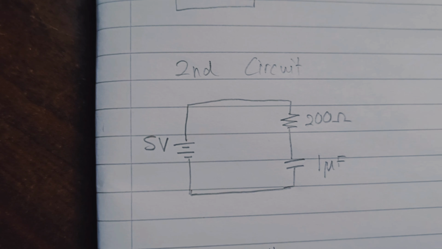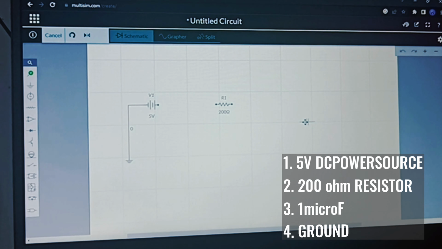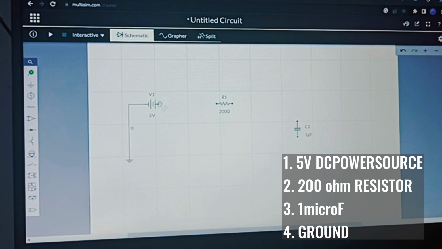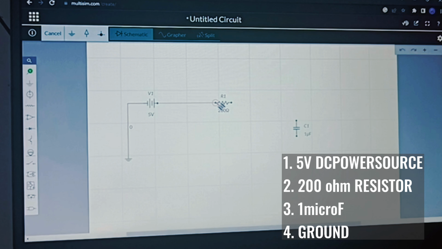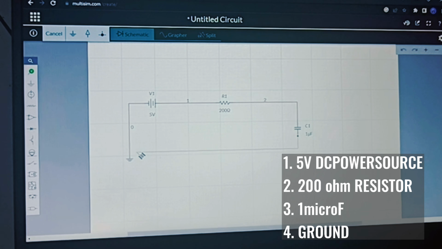For the second circuit, which is the capacitor circuit, we use 4 elements: a 5V DC voltage source, a 200 ohm resistor, a 1 microfarad capacitor, and ground.